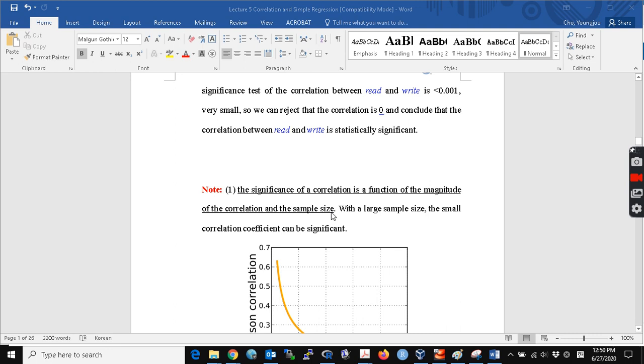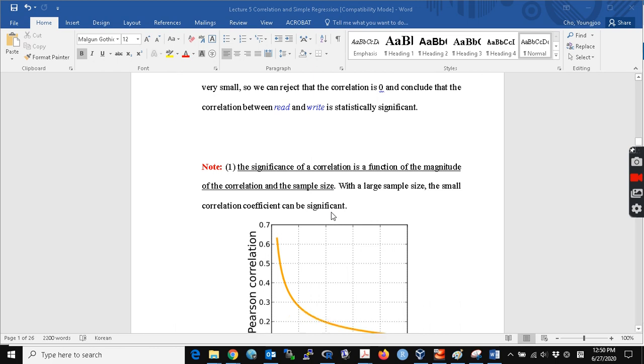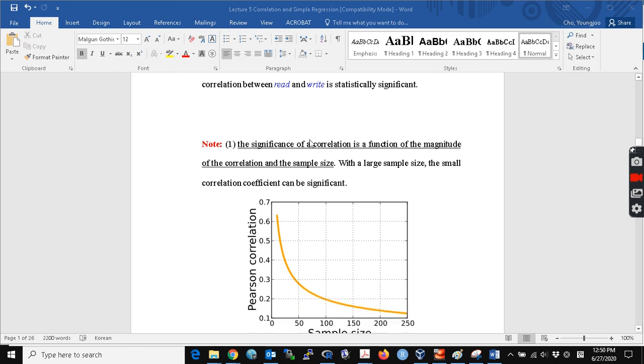The greater the magnitude, the higher the chance that the correlation will be significantly different from 0. And if the sample size is large, then even though you have a very small correlation coefficient, with this very large sample size it would be significant.